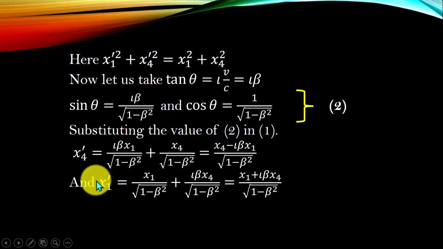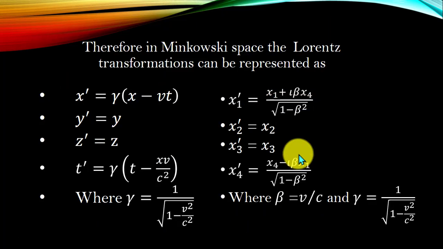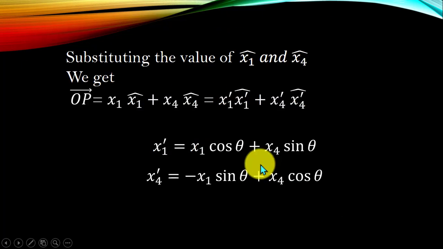And similarly you will get the value of x1 prime as x1 plus iota beta x4 upon under root of 1 minus beta square. Now if you remember these equations, this transformation is similar to the Lorentz transformation. See here, x1 prime and x4 prime both are similar to the transformation we have done.